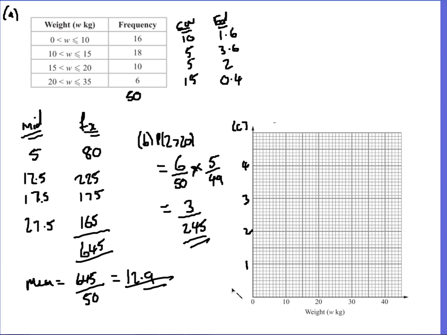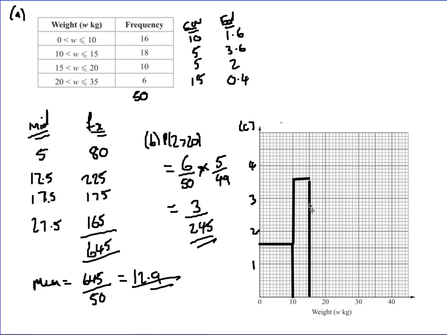So the first one is from 0 to 10, and that goes up to 1.6. The second one is from 10 to 15, and that goes up to 3.6. I'm just making sure that I make it as neat as I can.